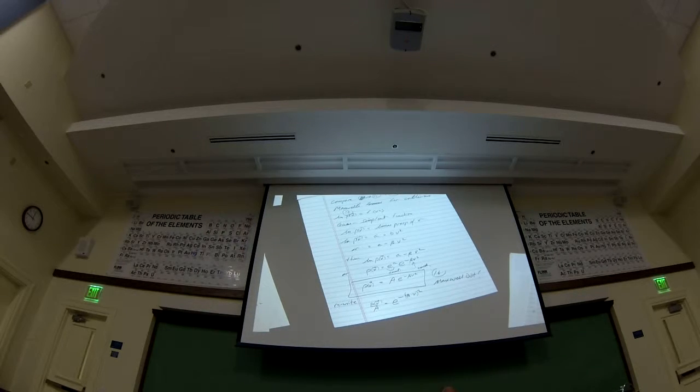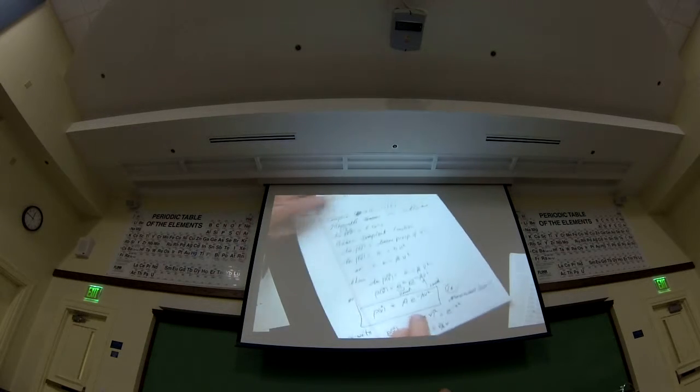We can write that as e to the minus x squared if we let x equal the square root of beta times v. Now, why would I want to do that? So that I can show you this graph.